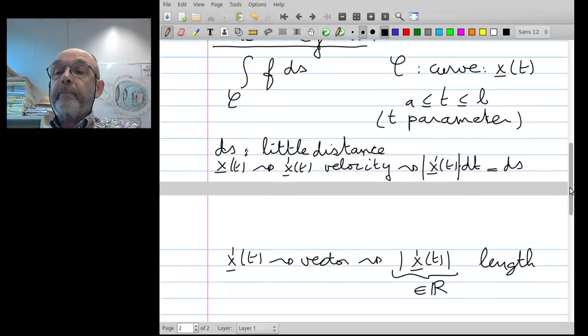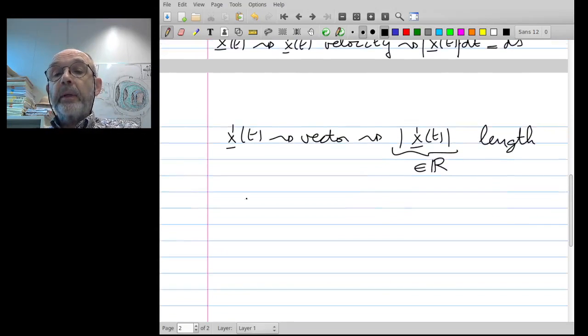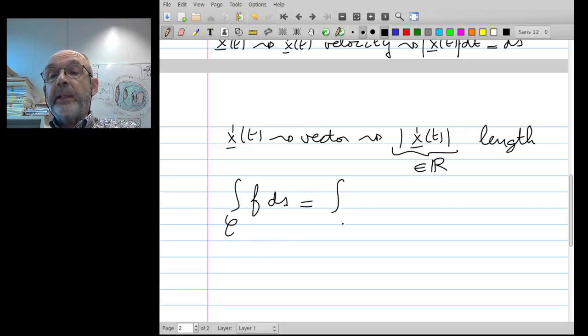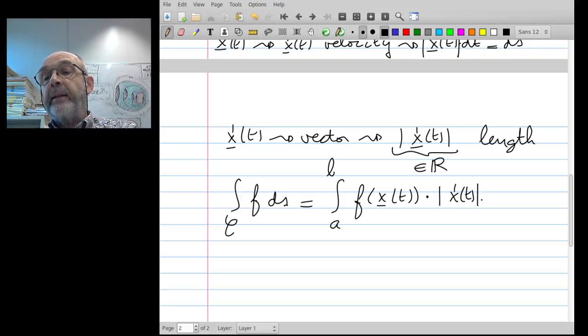Okay. Now what can we then do? If we have that curve of that integral, and we know that this curve can be parameterized by x(t), then we can write down the integral from a to b of the function, where you fill in all the points of that curve, multiplied by the length of the velocity vector times dt.